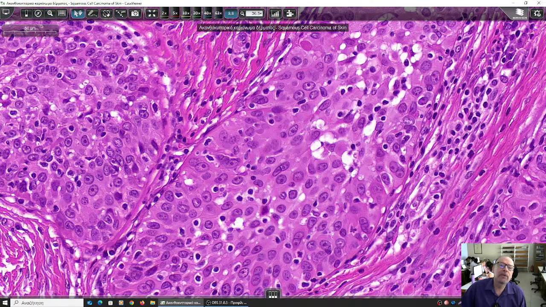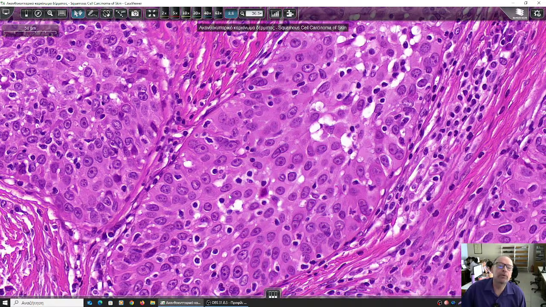However, they retain an amount of cytoplasm which helps us identify these cells, similar to benign cells of the epidermis, which layer is composed of cells that look like these. However, they are not so atypical in normal epidermis.